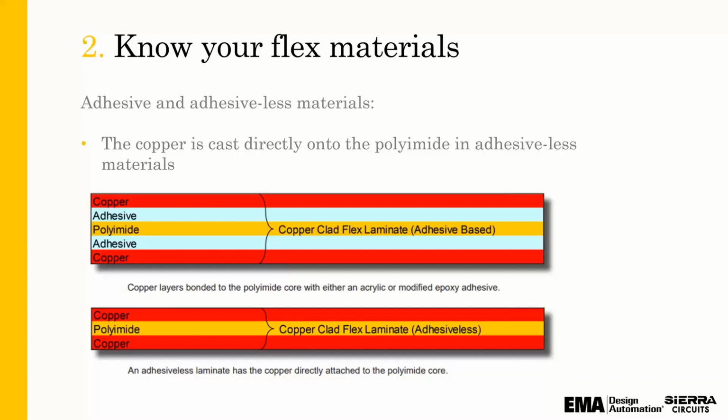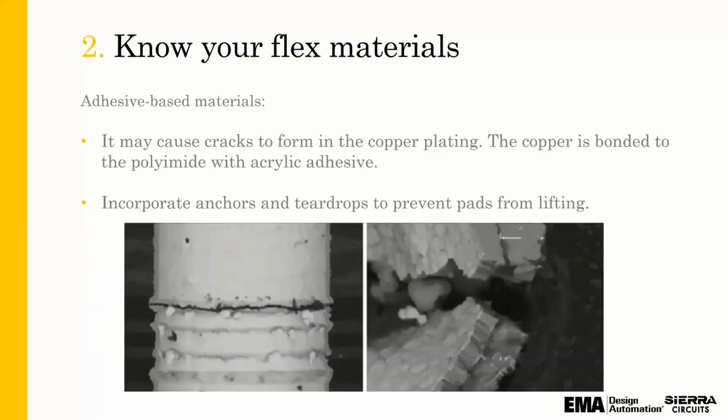One example of something you can do is not drill any less than a 10 mil via if you have adhesive materials in your stack up. I guess it's always good to scare people. You can have cracks both in copper and in laminate. So just know exactly what materials you're using and why.